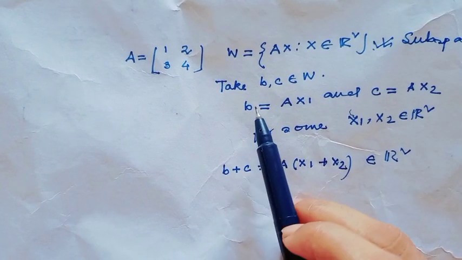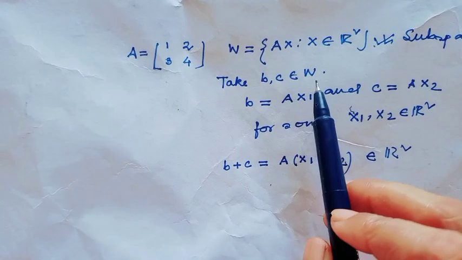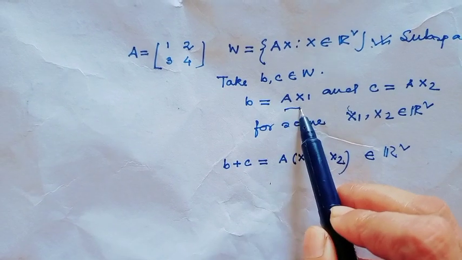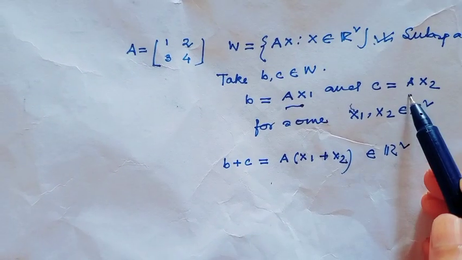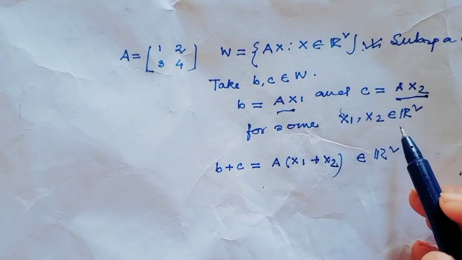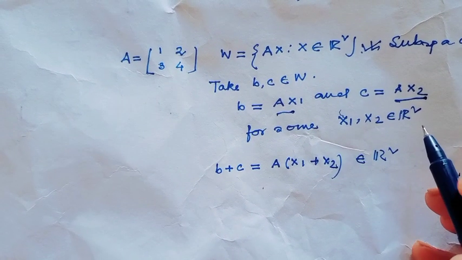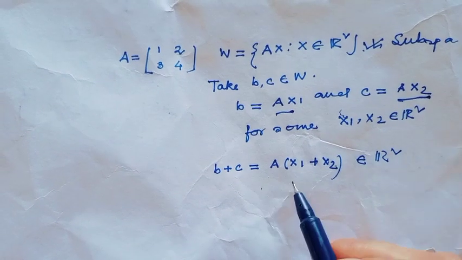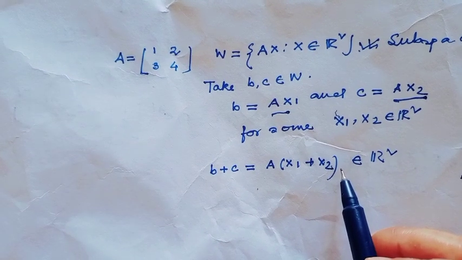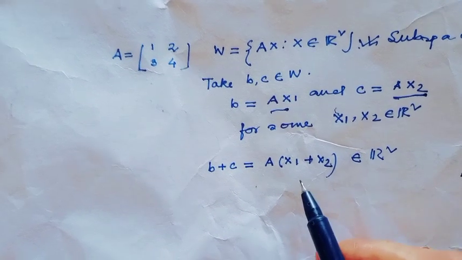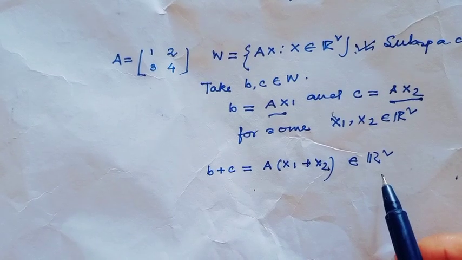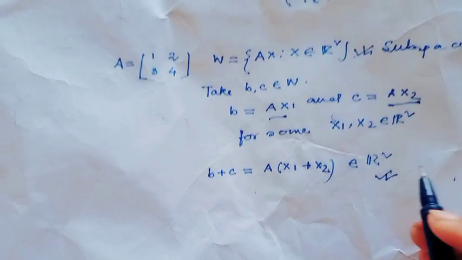Why? Take two elements B and C belongs to W such that B equals Ax1 and C equals Ax2, where for some x1, x2 belongs to R2. Then B plus C equals A times (x1 plus x2), and obviously x1 plus x2 belongs to R2.